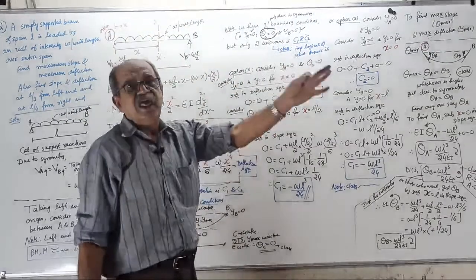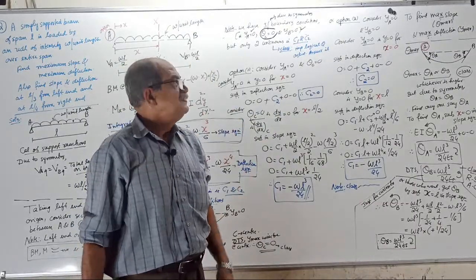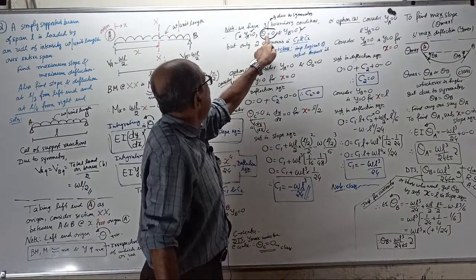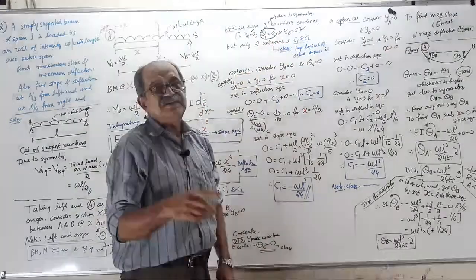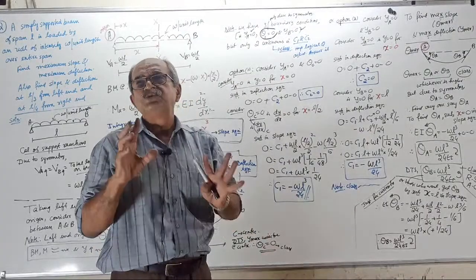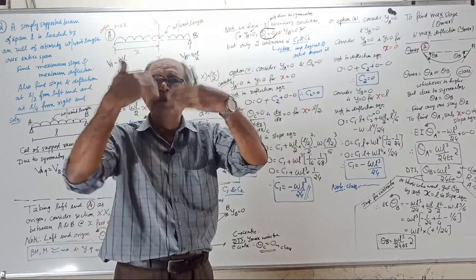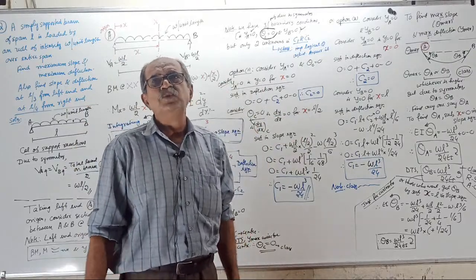Put X equal to L, my guarantee YB also will come 0. Therefore, even though it is 3 conditions, it is actually only 2 conditions. When you use any 2 of them, the other one is automatically satisfied. It is not a new condition.